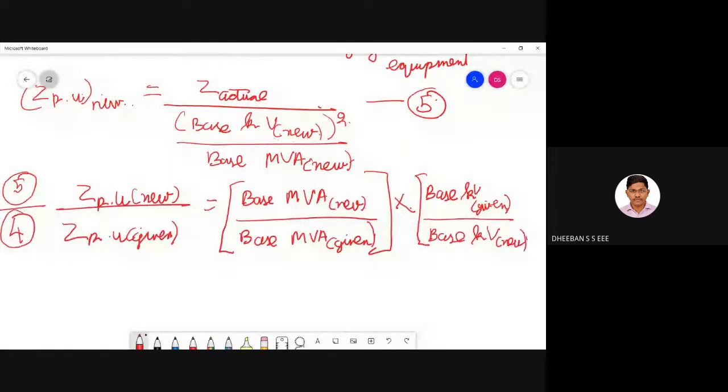Okay. So now if you are taking this term over this side, you will be getting this formula.